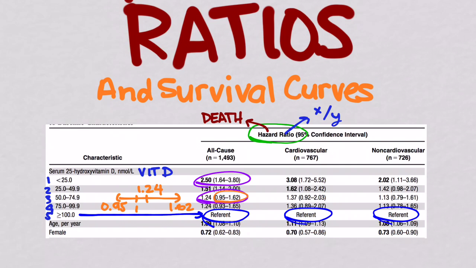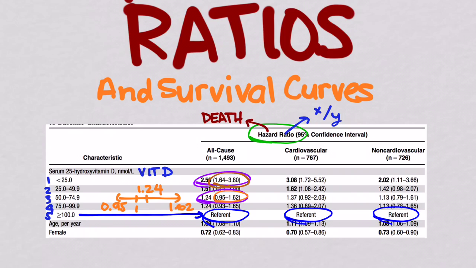Now, if you look at this confidence interval, it does not include the point of no difference in a ratio, which is 1. And so it's saying even at our worst estimate at 1.64, you're still better off having a vitamin D level of greater than 100. You're still more likely to die with a vitamin D level less than 25 compared to the group that has a vitamin D level of greater than 100.